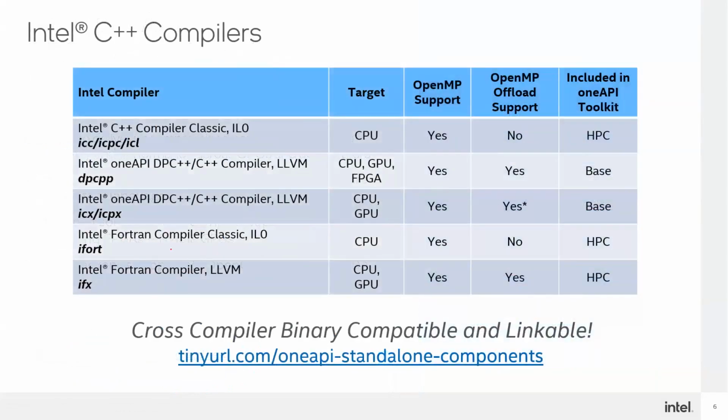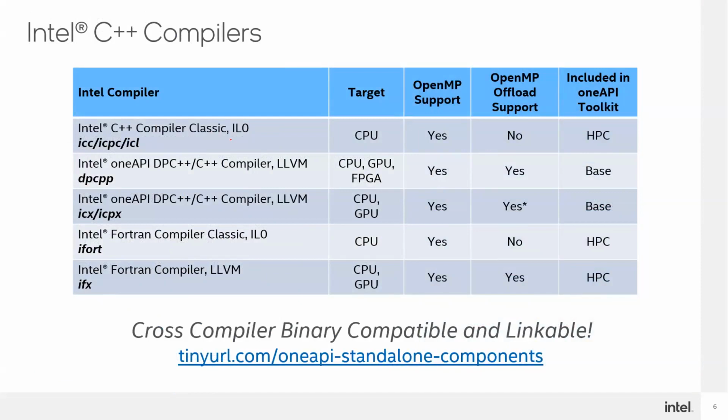A few words about the packaging of a compiler. Now it may be a bit confusing because Intel ships a long list of different compilers. In principle, you need to understand that Intel right now has two major compilation technologies on the backend side.